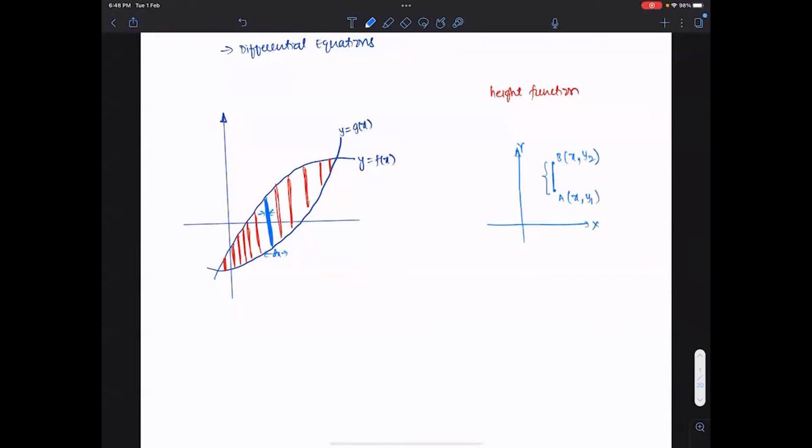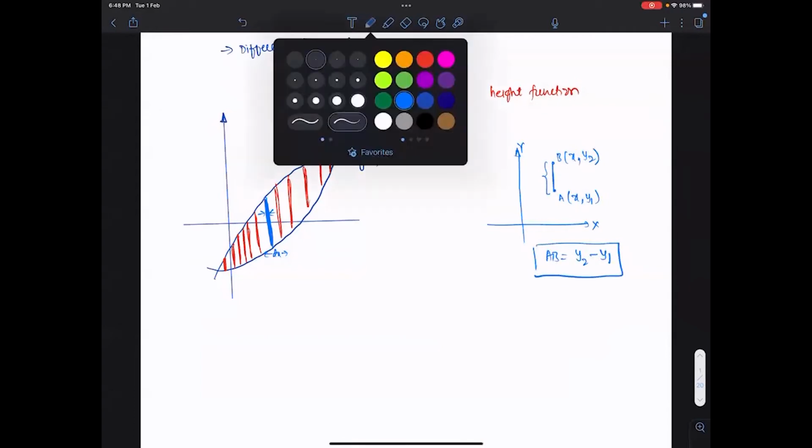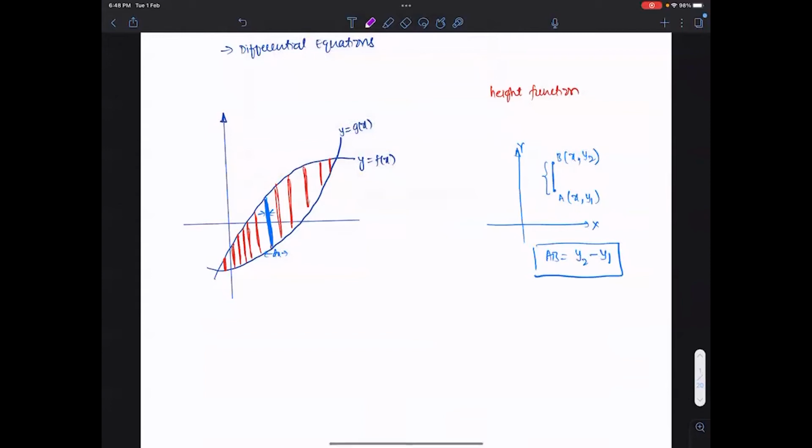Then the length AB will be the upper point y coordinate minus the lower point y coordinate. Same thing here. If you see this graph, I'm marking 2 points now, A and B. Both of them will have the same x coordinate since it is a vertical strip. I call it a vertical strip.